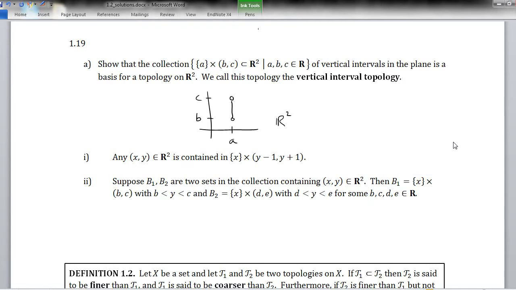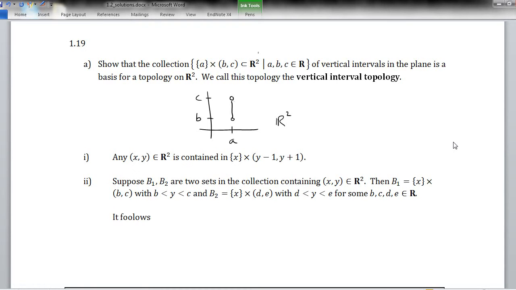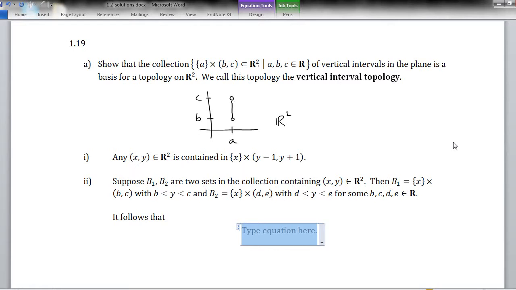Okay, well, it follows that the point xy is contained in, this is going to be my B3, x times the open interval from the max of the left endpoints B and D to the minimum of the right endpoints C and E. That's an element from this collection.